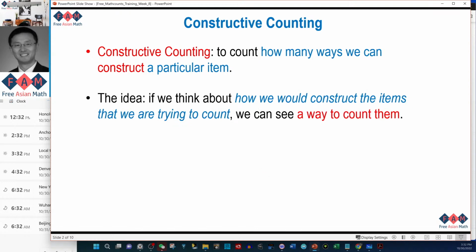So you want to think about how we can construct. What do I mean by construct? You just add all the arrangements or elements of the things that you are counting until you meet the overall requirement. And that way, you typically will see a way to count them.